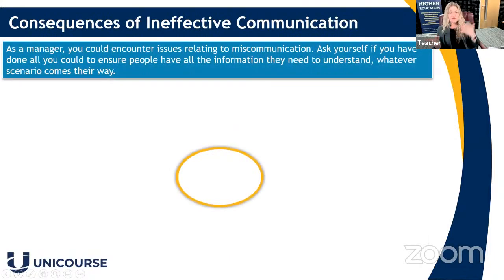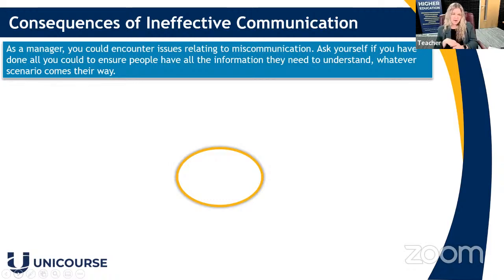Now, if the written or the verbal communication is used ineffectively, and the message you intended to pass over is not being delivered as you wanted it to, then there are consequences of that ineffective communication, and it's really important to consider them. I've noted down here, as a manager, you can encounter issues relating to miscommunication, and then issues can spiral out of control.